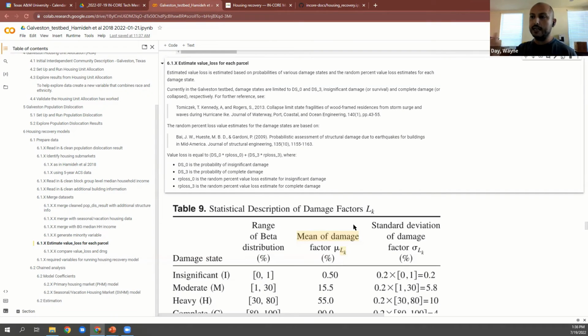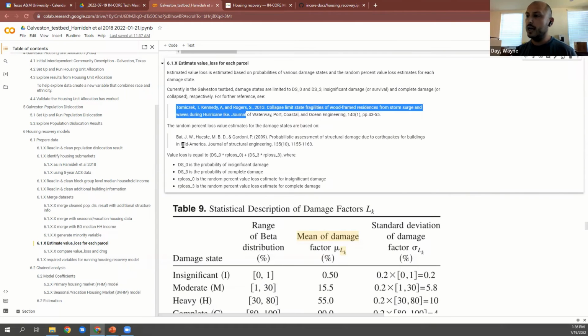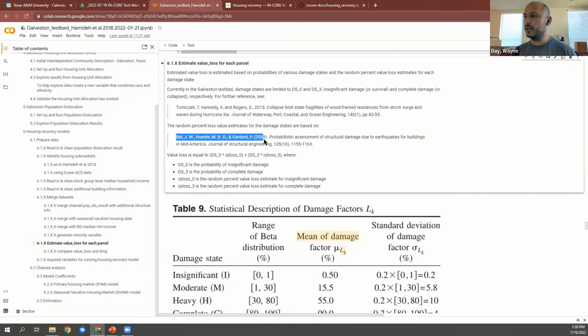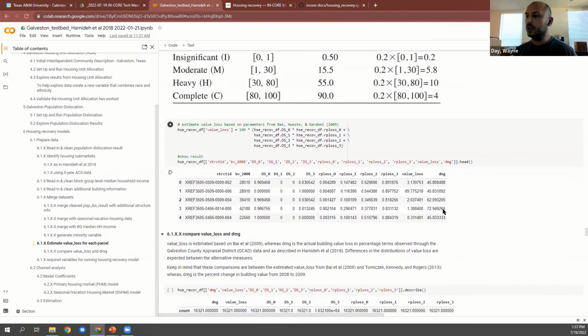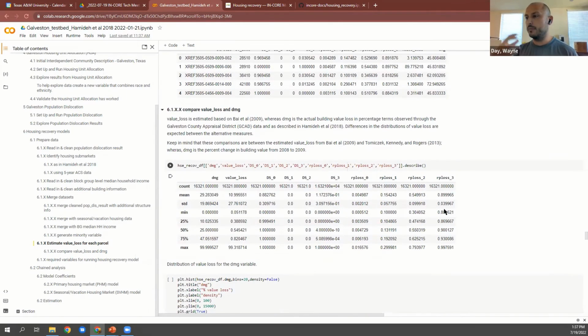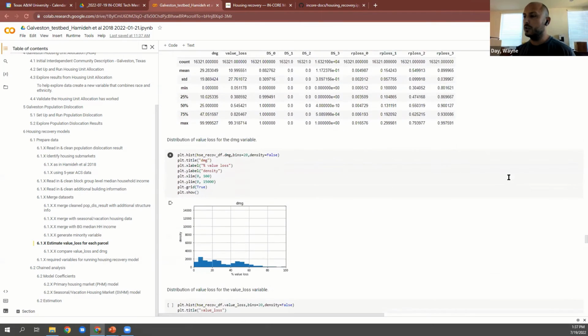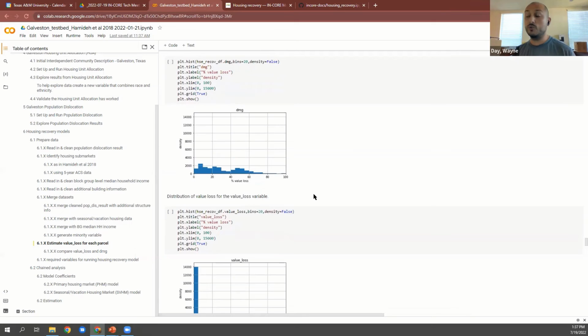But if we're chaining the analysis within this notebook, we're basing that off of Tomaszewski et al. and Gardoni, 2009, those two together, to come up with a value loss estimate. Once we come up with that value loss estimate, that becomes our input for the damage parameter in the model.